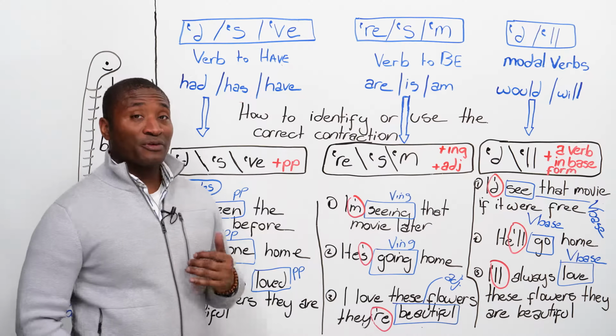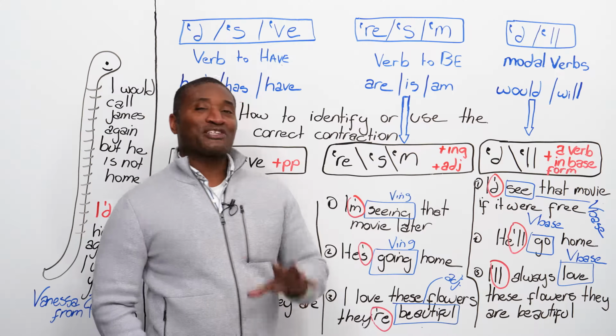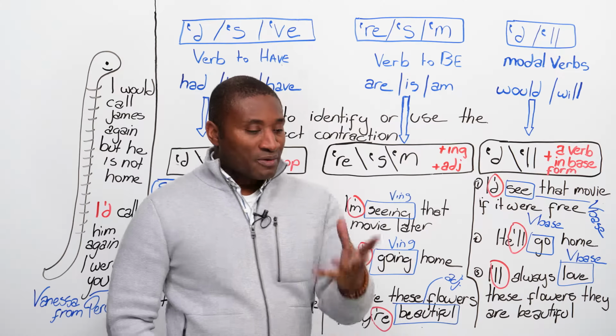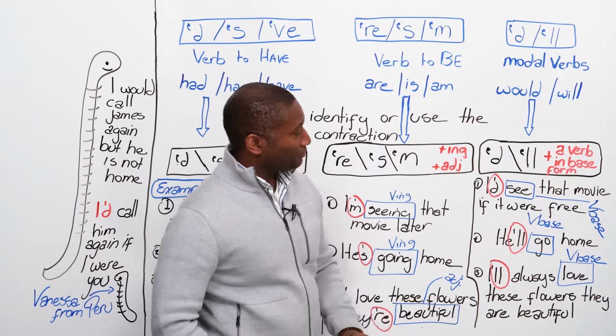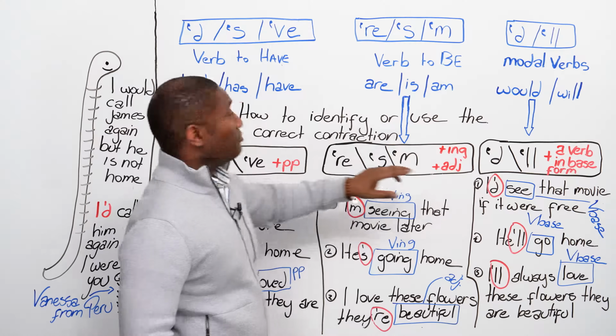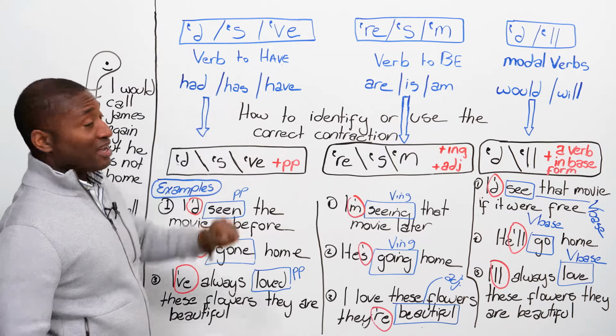Now let's go to the third and final one before we go to the stage where I like to check to make sure you understand, sort of like a little test. But really it's to finalize your learning. Let's look at the modal verbs, would and will. As I said before, the apostrophe D might be confusing for you because we have it for the verb to have.